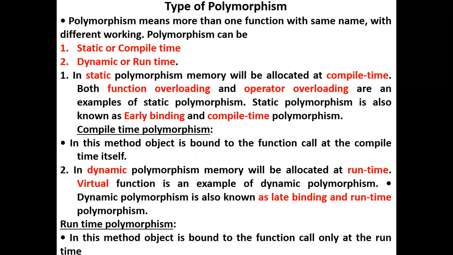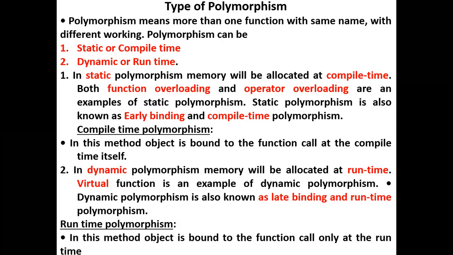Static polymorphism we can also call compile time polymorphism, because in static polymorphism the memory will be allocated at the time of compilation. Function overloading and operator overloading are examples of static polymorphism.